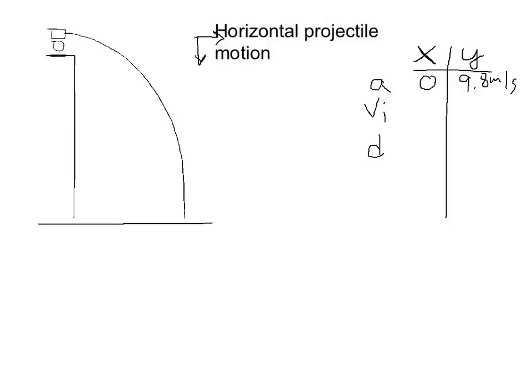In this problem, the initial velocity v is equal to 20 meters per second, so we can fill this in here, 20 meters per second. Because it's horizontal, there is no y velocity, so that's 0. The distance of this cliff is 50 meters. Oh, that's in the wrong spot.